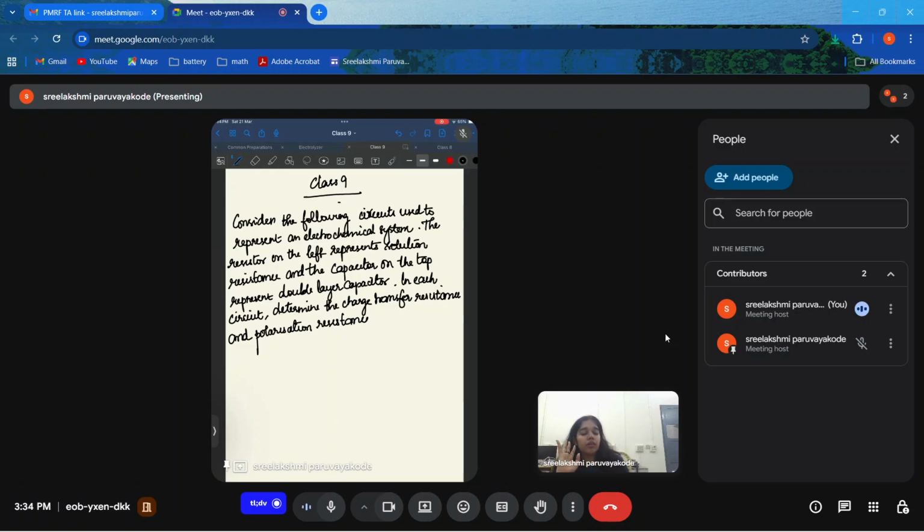So the question is, a circuit is given, you have to find out the charge transfer resistance and the polarization resistance.